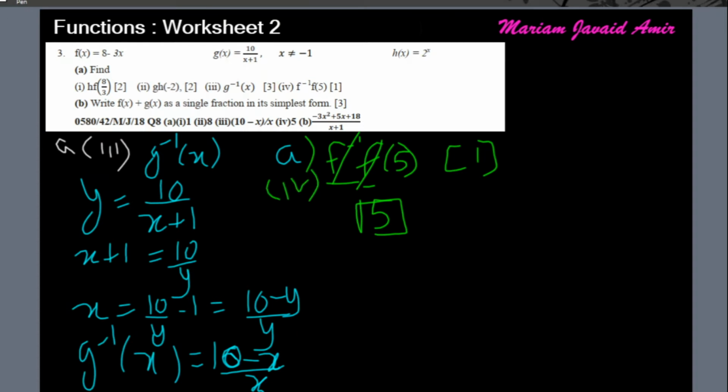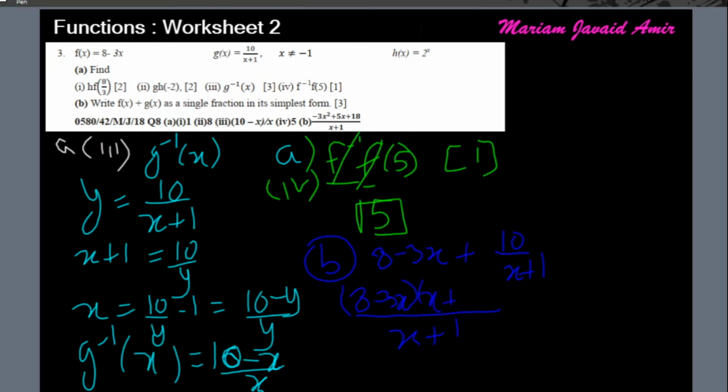Part B, write fx plus gx as a single fraction. So simply fx was 8 minus 3x plus gx is 10 over x plus 1. Take LCM, which is x plus 1. So 8 minus 3x brackets x plus 1 plus 10.